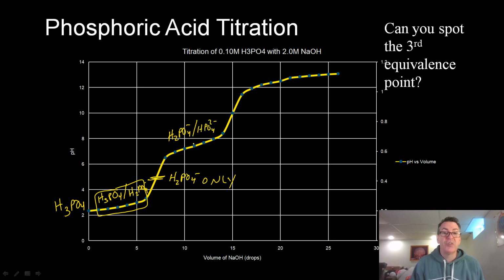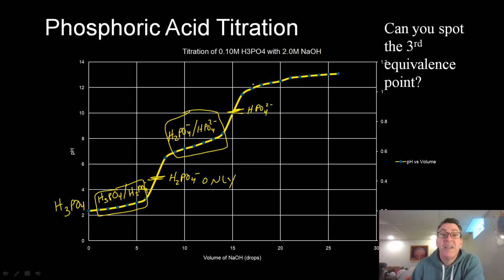We get a mixture of those 2 ions in solution, and it creates another buffer solution. So again, we have this buffer through that section there. What am I going to be left with right here at this next equivalence point? Well, there it's just the HPO4 2- ion that remains.